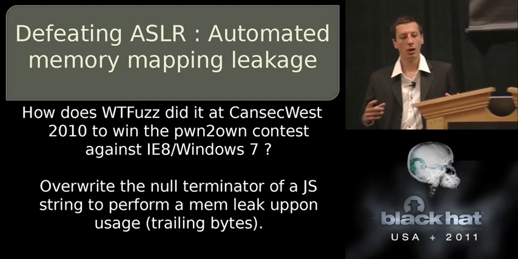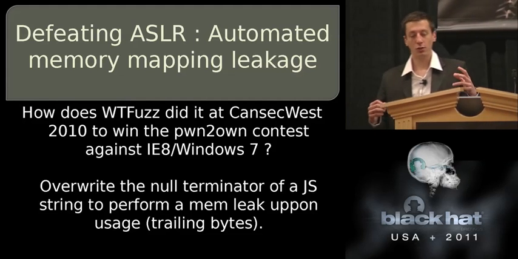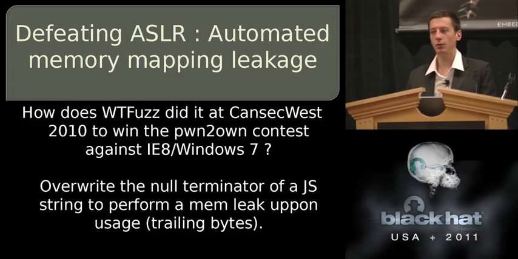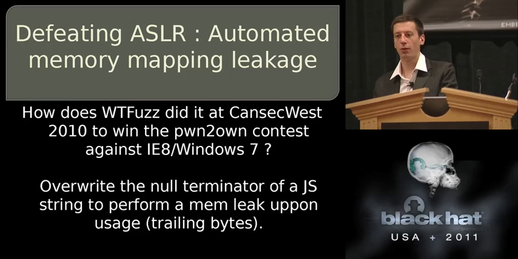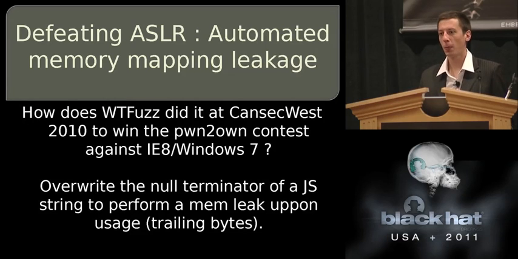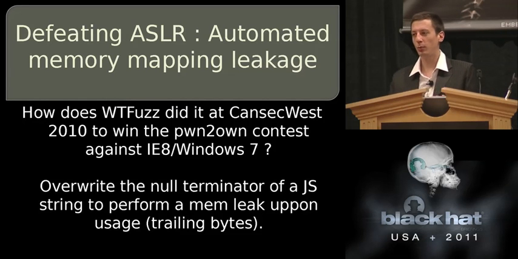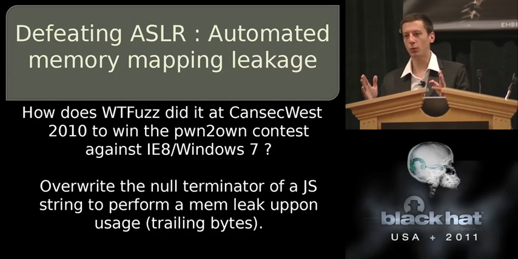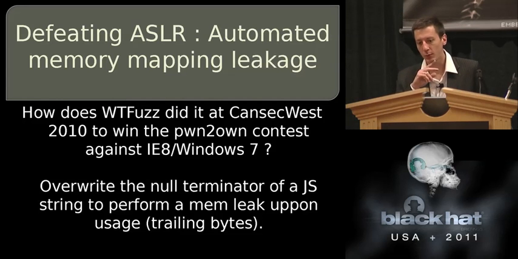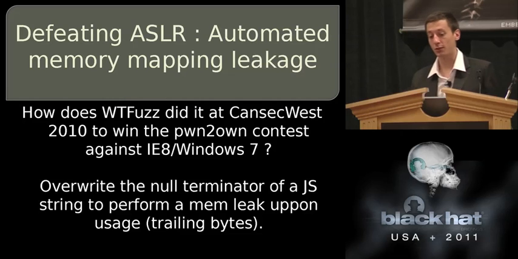How does it work? You have strings in JavaScript, they are null terminated, and if your overflow overwrites the null at the end of the string, when manipulating the string later on in JavaScript, you will be able to read more than the normal size of the string because you removed the null terminator.